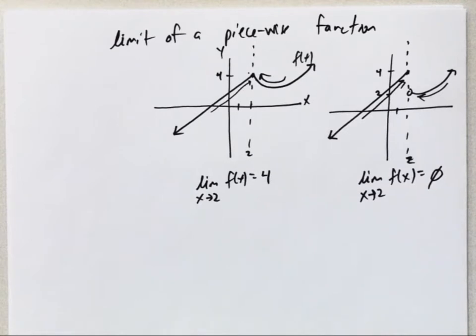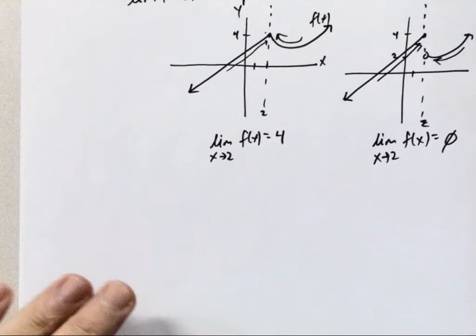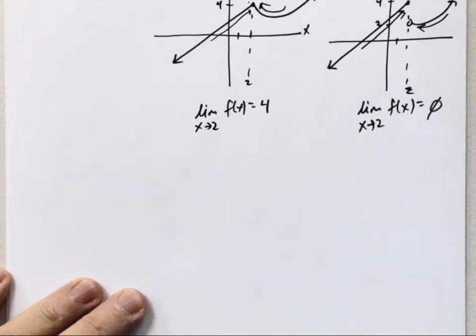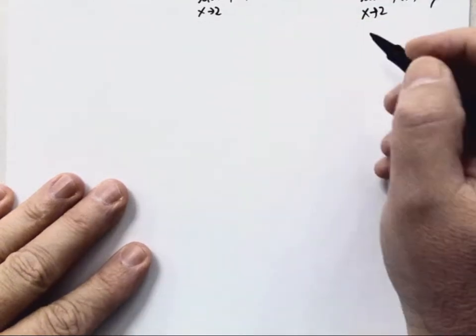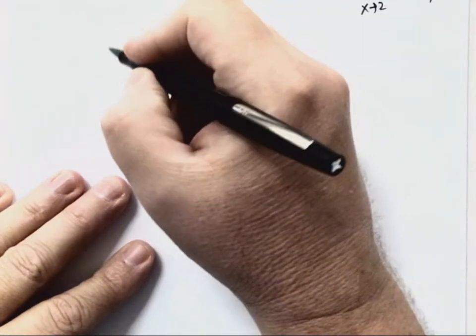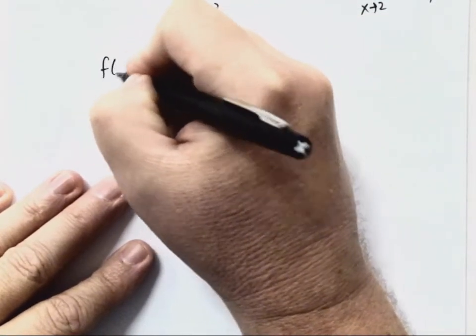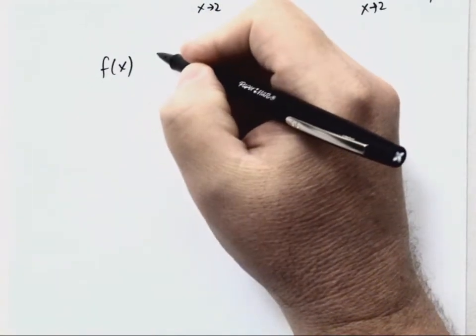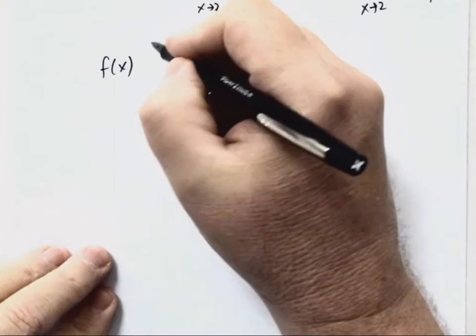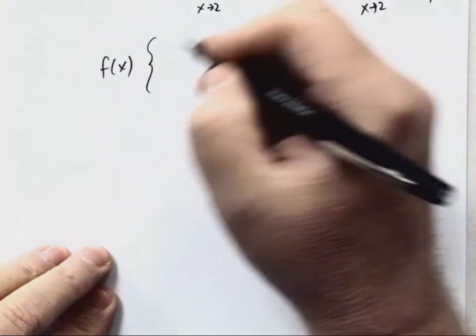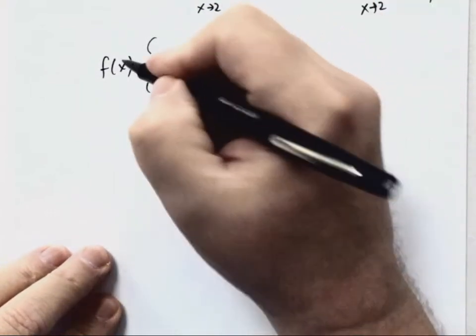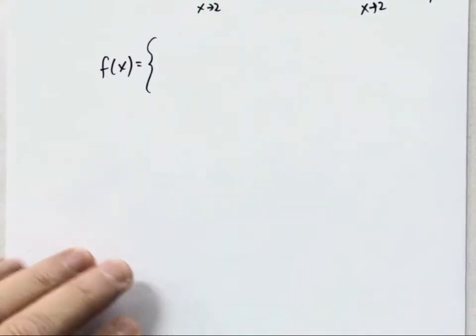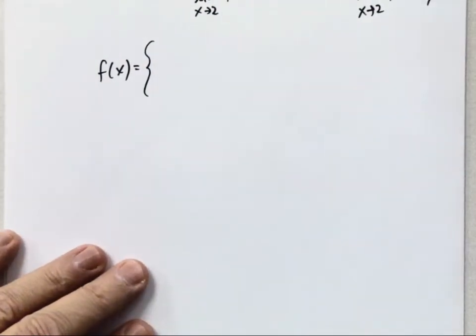So now, let me just do an example of if they give you a piecewise function and ask you to find the limit, what do you do? So here is how you write a piecewise function. f of x, now f of x is going to change according to what the value of x is.